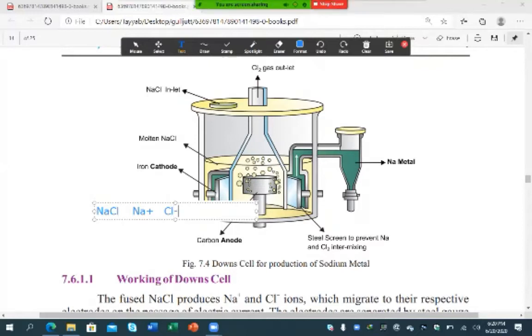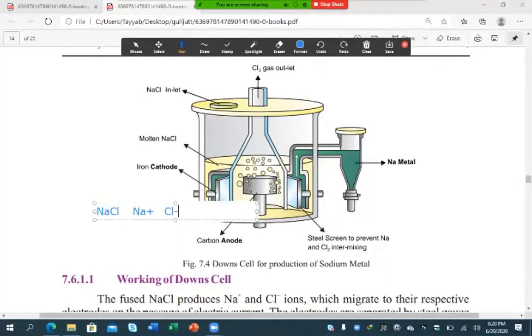This sodium is converted into neutral form and collected here, and this chlorine is changed into neutral form and released from this tube. In this way, sodium chloride is split into sodium metal and chlorine gas.